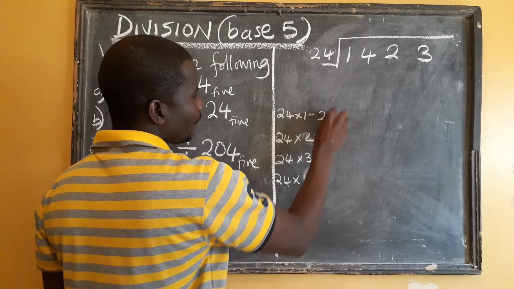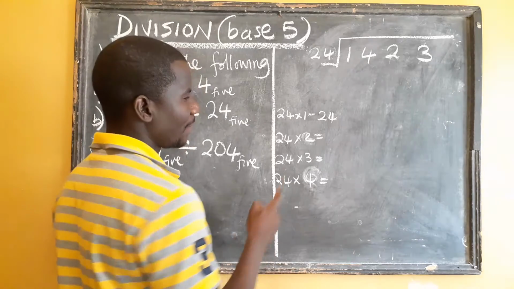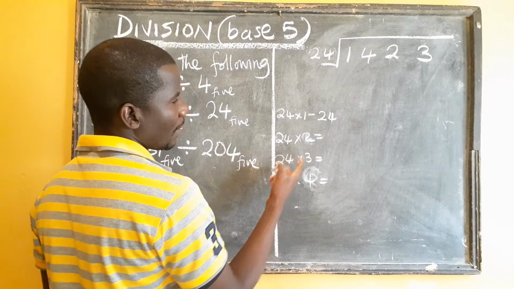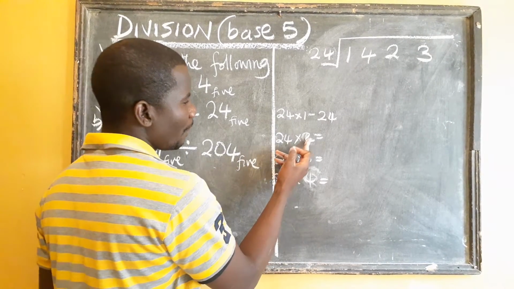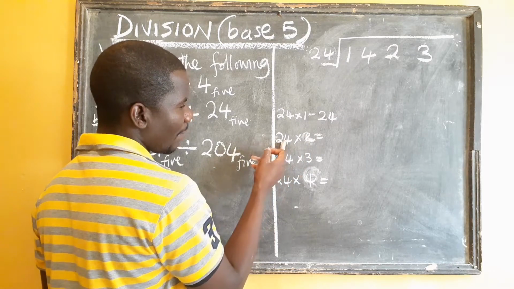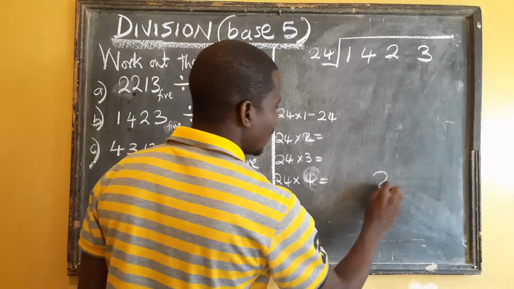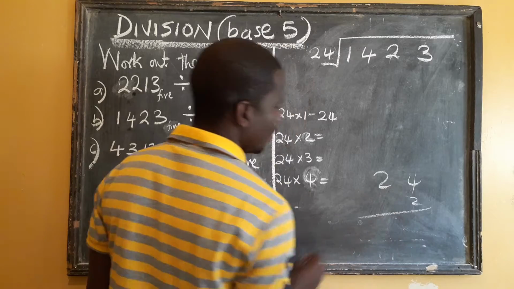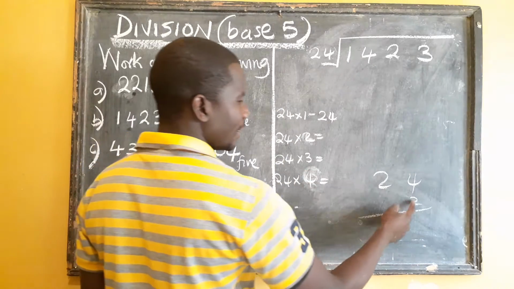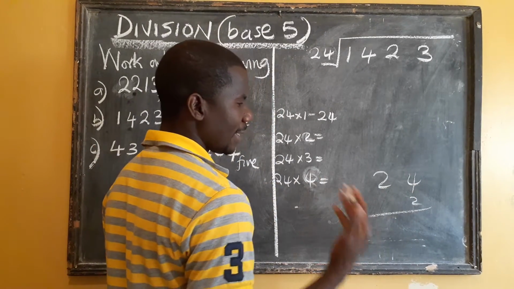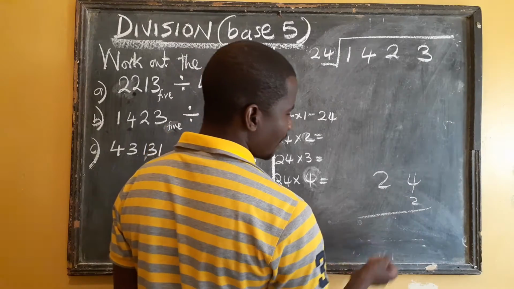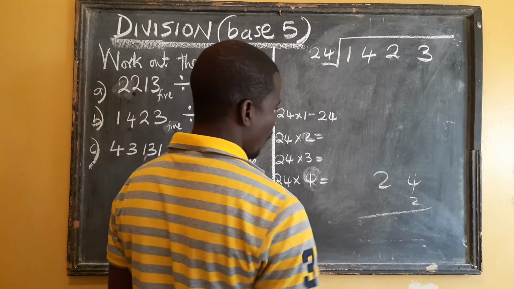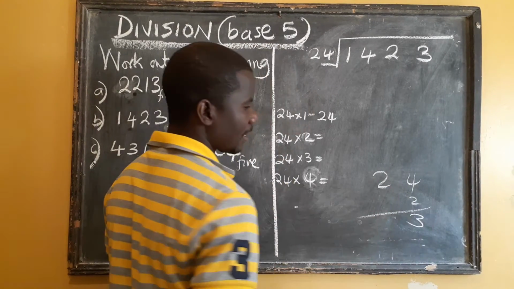The first one will be 24, that is in base 5. Then this one, you need to know, when we multiply 2 by 4 in base 5, this is going to give us 8. 8 divided by 5, what do we get? 1 remainder 3. Write the remainder 3 here.